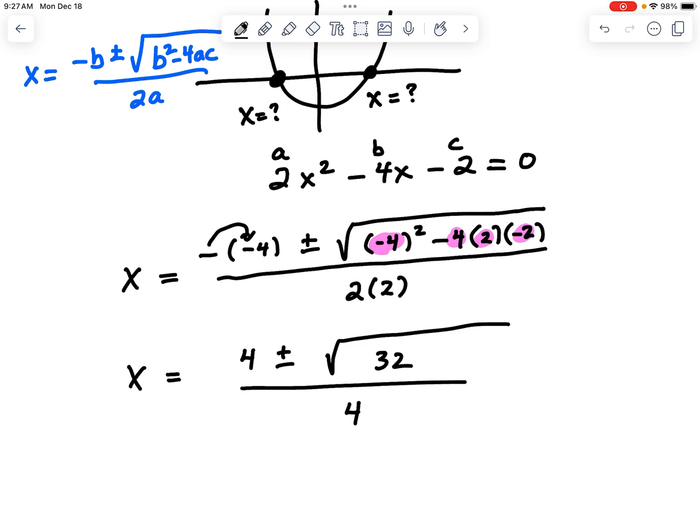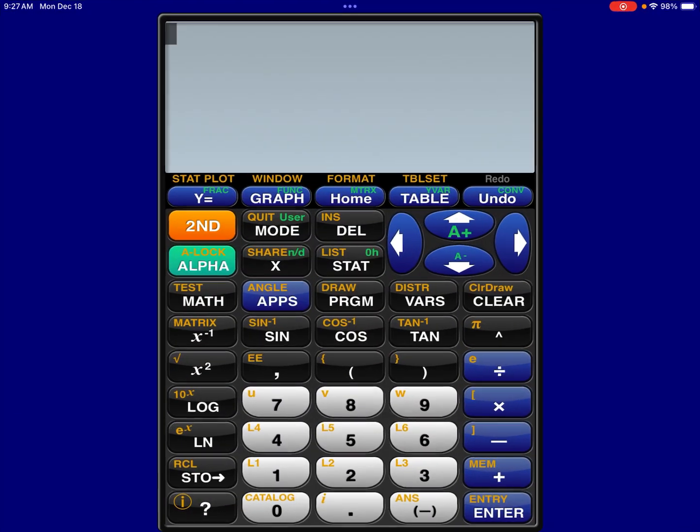And then go over to the calculator and find out what that equals. So we would have, first of all, put parentheses so the calculator knows this is what is in the numerator. 4 plus the square root, so second square root of 32.